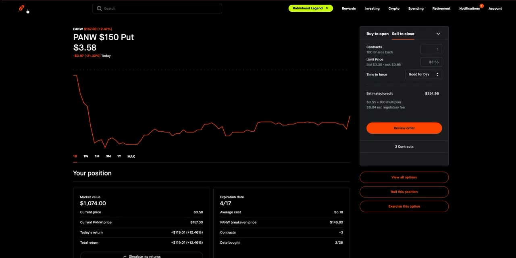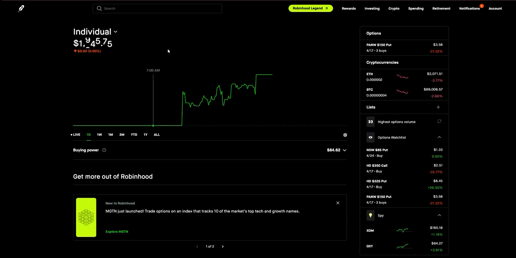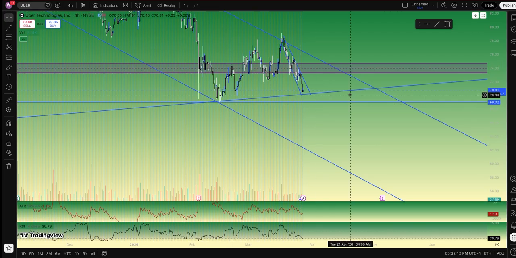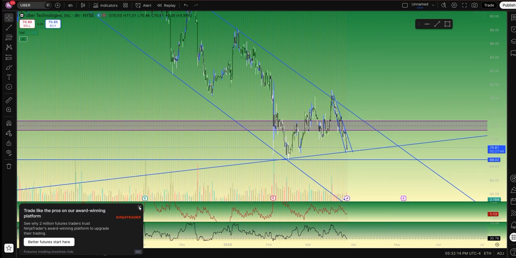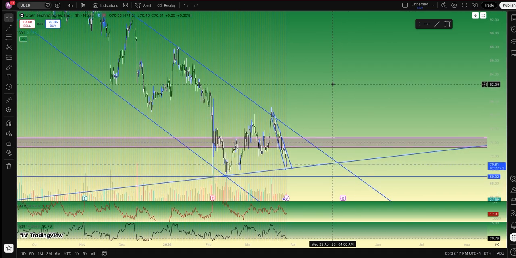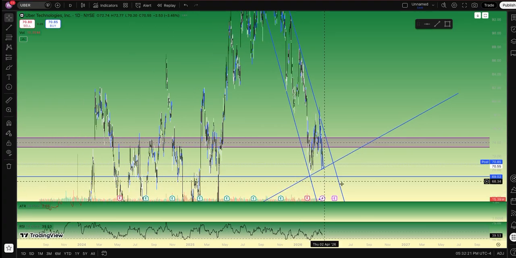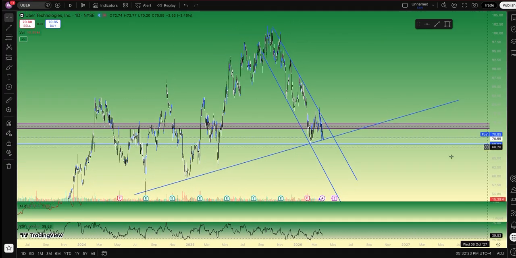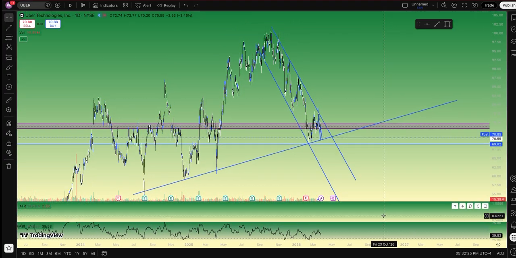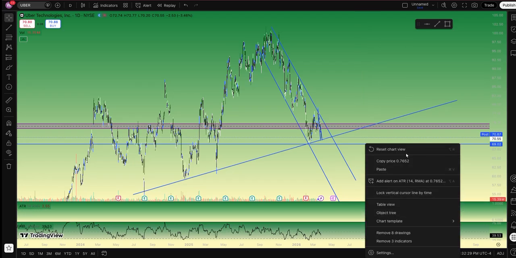And another thing, when it comes to picking your contract, guys, you want to pick at least a month out. Give the stock some time to move, right? I'll tell you what I do. I don't know if this has any value, but you look at the average trading volume for the stock, right? I don't know how to reset the chart view.